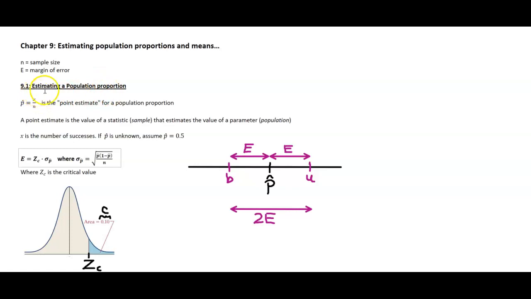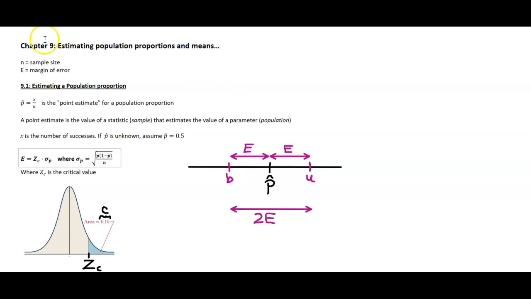So what does that mean exactly? If we're estimating a population proportion, that means we're trying to figure out, let's say out of the whole country, when they talk about elections, what proportion of people vote for one of the candidates. Let's say 5% of the general population votes for an independent candidate.